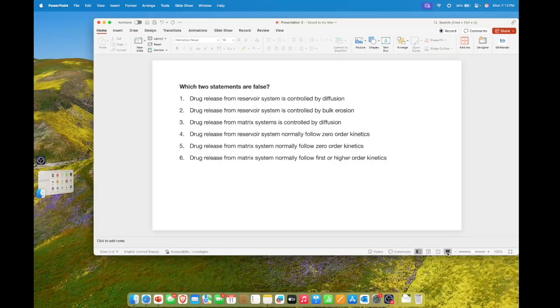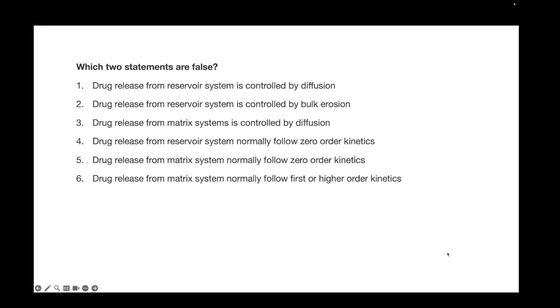So this is the first question where you have to select two false statements regarding reservoir systems and matrix systems. Please let me know what you think the correct answer is out of these six options.